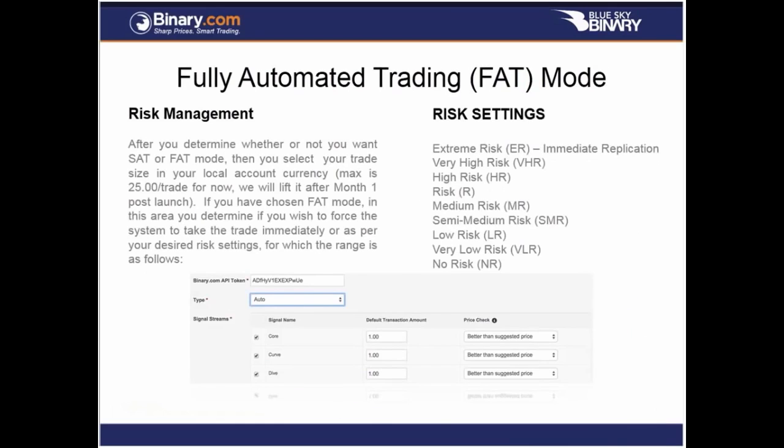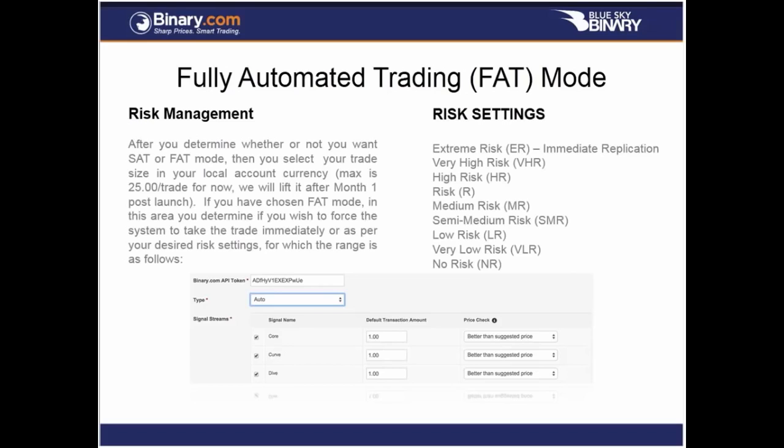For the fully automatic trading mode, as I said, you first determine whether or not you want SAT or FAT mode. Then you select your trade size in your local account currency, and the maximum is 25 per trade for now, but that will be lifted up.